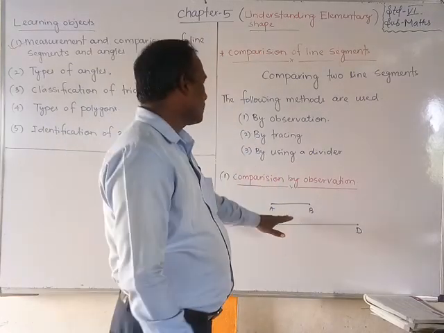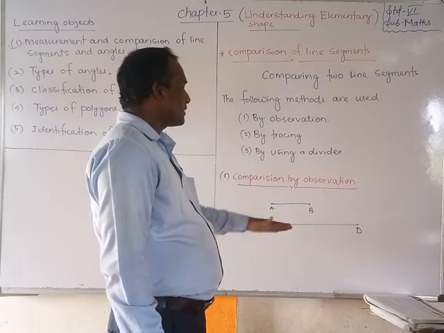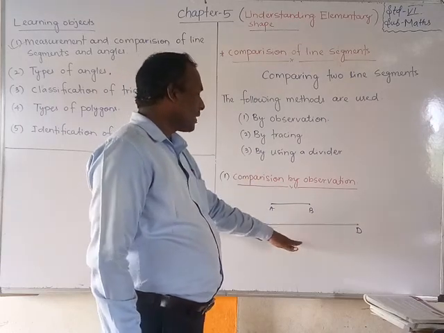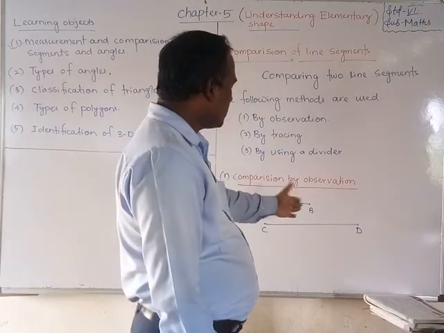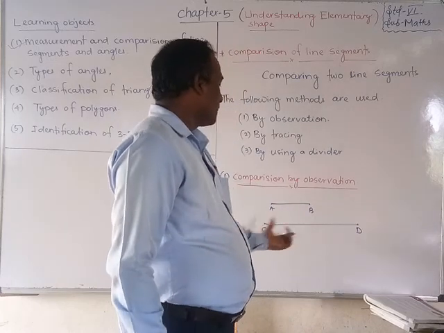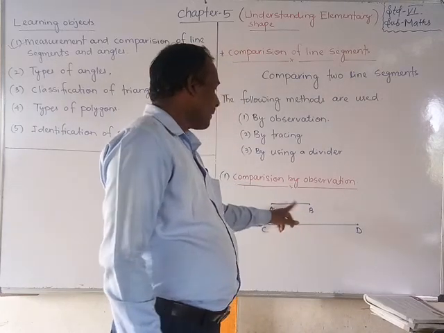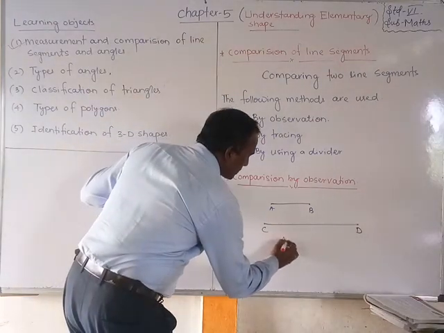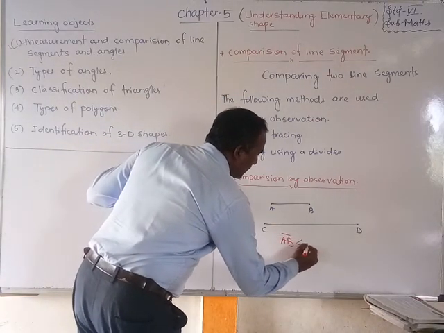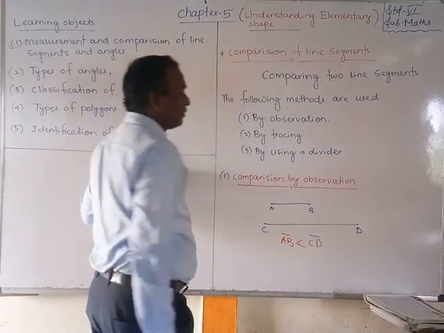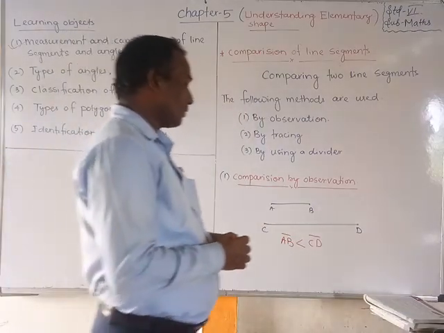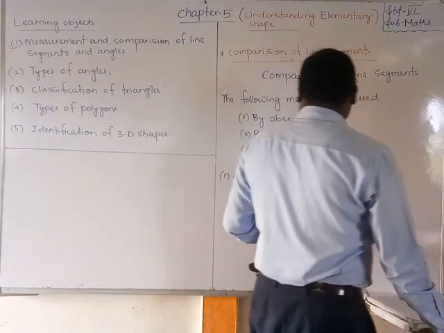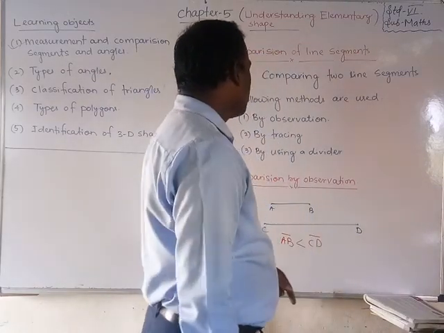Yes, without measuring or tracing, we can say AB is smaller than CD, because AB has a very small length and CD has a larger length. So compared to these two segments, line segment AB is smaller than line segment CD. Okay students, this is comparison by the observation method.